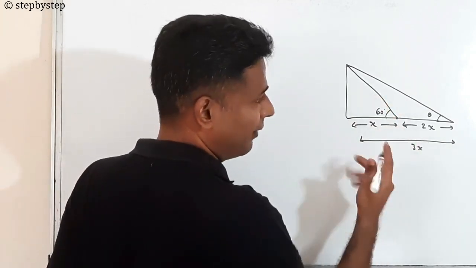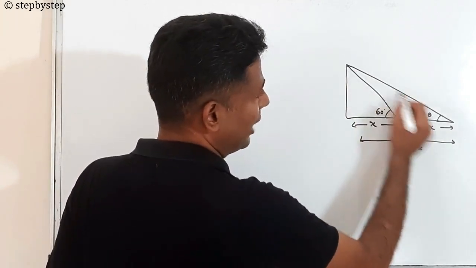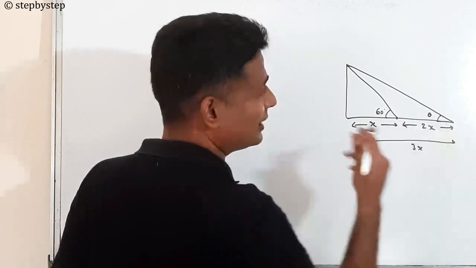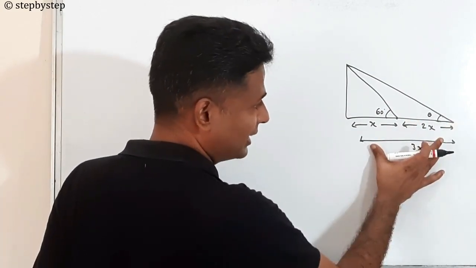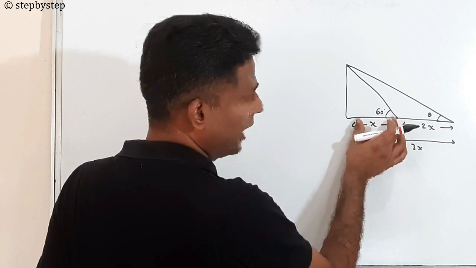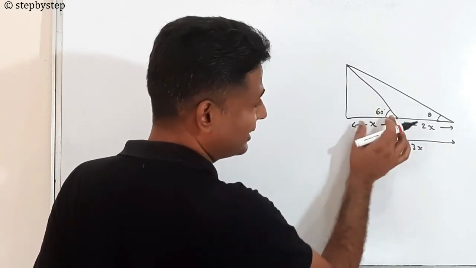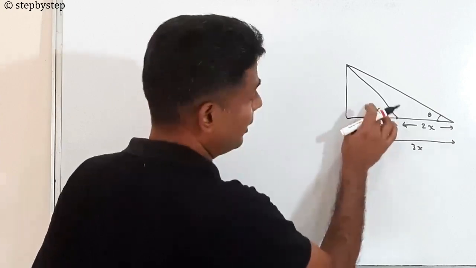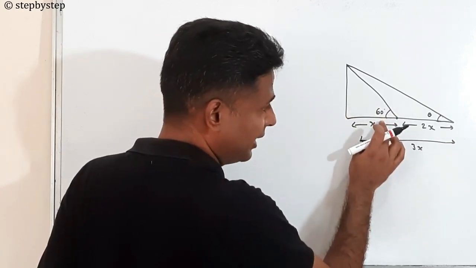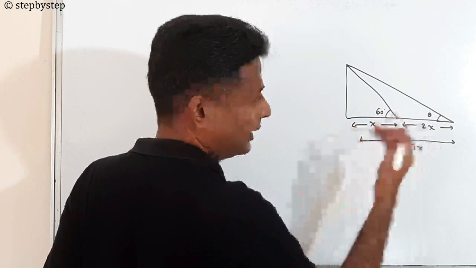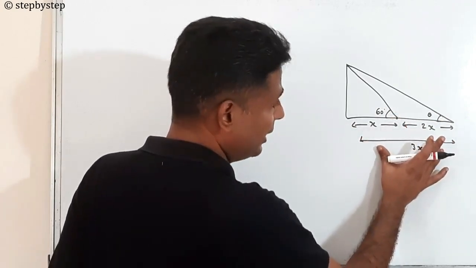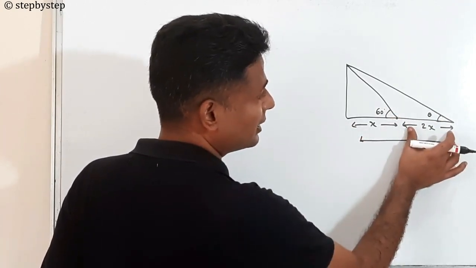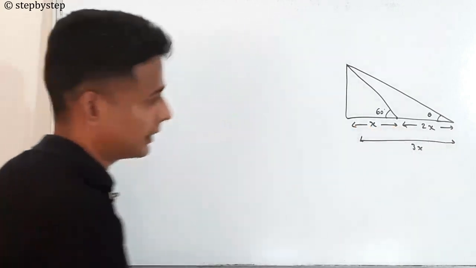What they have actually said in the question is, the shadow of the flagstaff is 3 times longer when the sun rays are at some other angle than when the sun rays are at 60 degrees. So if x is the length of the shadow when the sun rays are at 60 degrees, when it's theta, let's assume the angle is theta, it will be 3x, 3 times as long. So this part is 2x, this part is x.